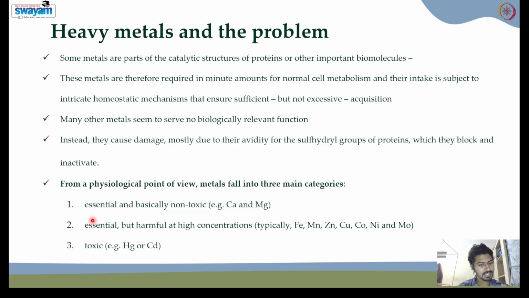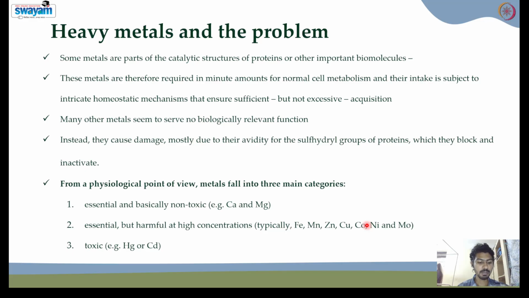The second class of metals are essential but harmful at very high concentration. For example, iron, manganese, zinc, copper, cobalt, nickel, and molybdenum are all essential metals, but if they are present at very high concentration, it is obviously going to be hazardous for the environment.